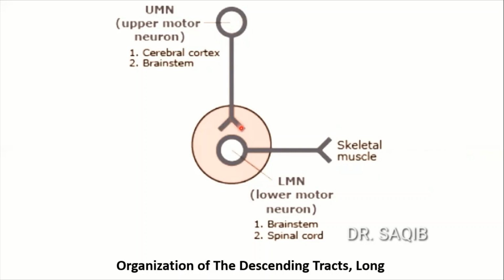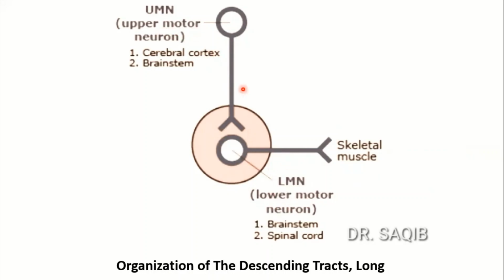Then the second order neuron, which is an internuncial neuron. And this is the third order neuron, the lower motor neuron or the final common pathway to the skeletal muscle. This is the innervation to the skeletal muscle, right?